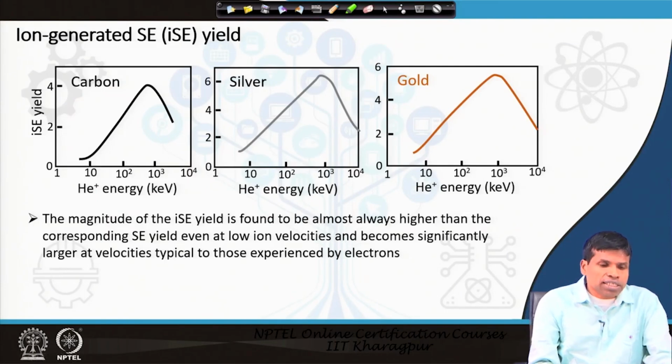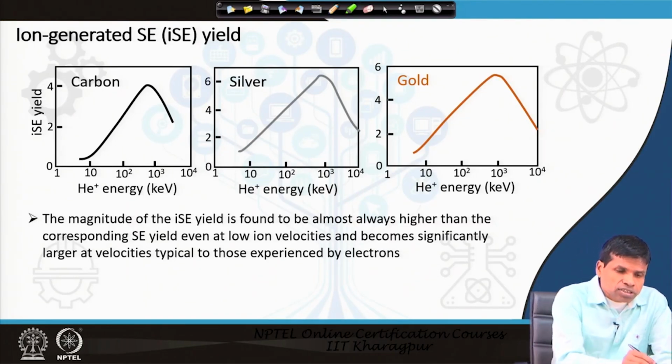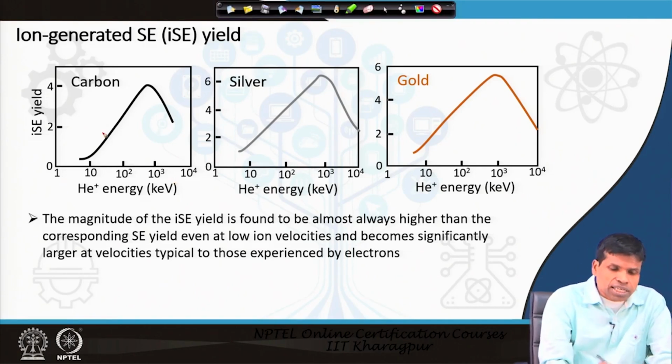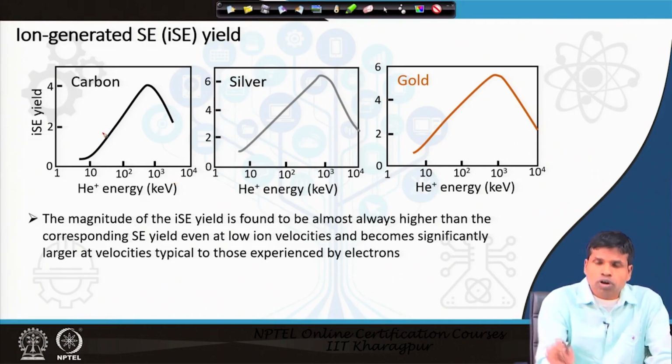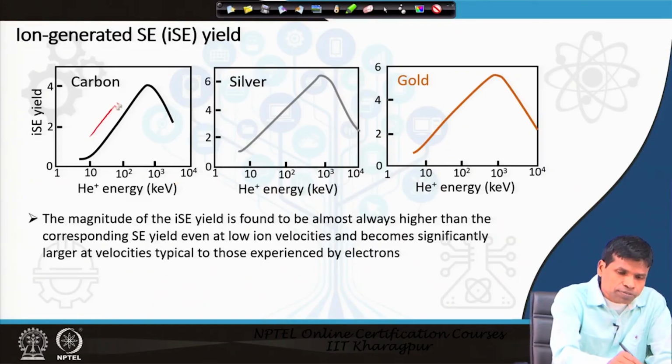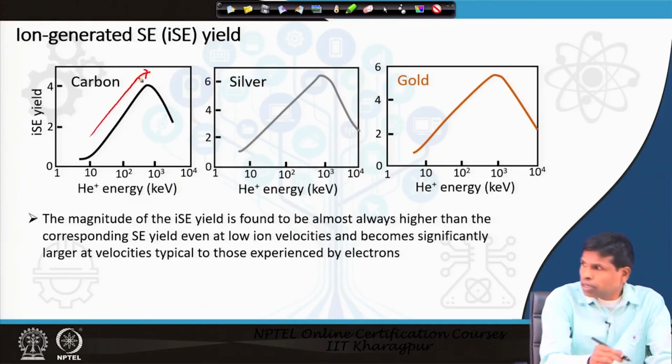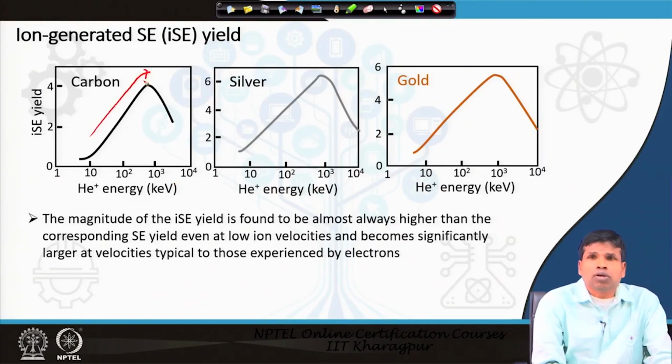If we look at the ion-generated secondary electron yield, we can see that it will increase initially as we increase the incident energy; for all materials, it increases, comes to a maximum value and then decreases.